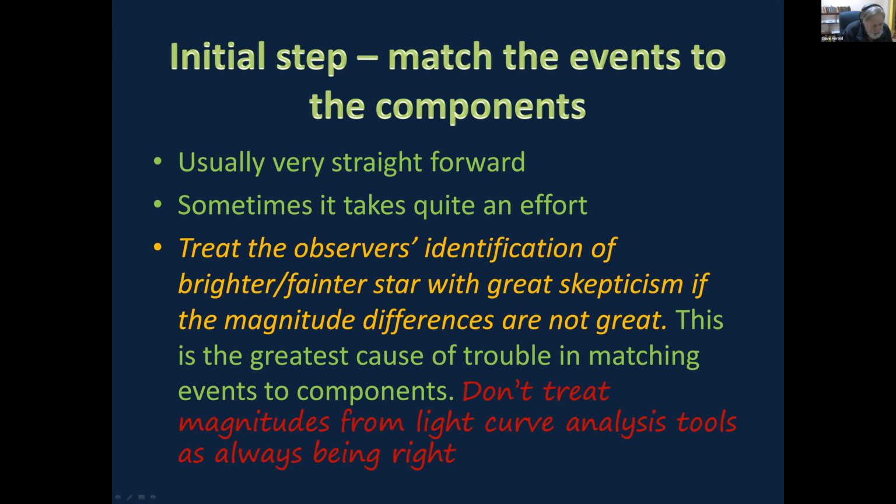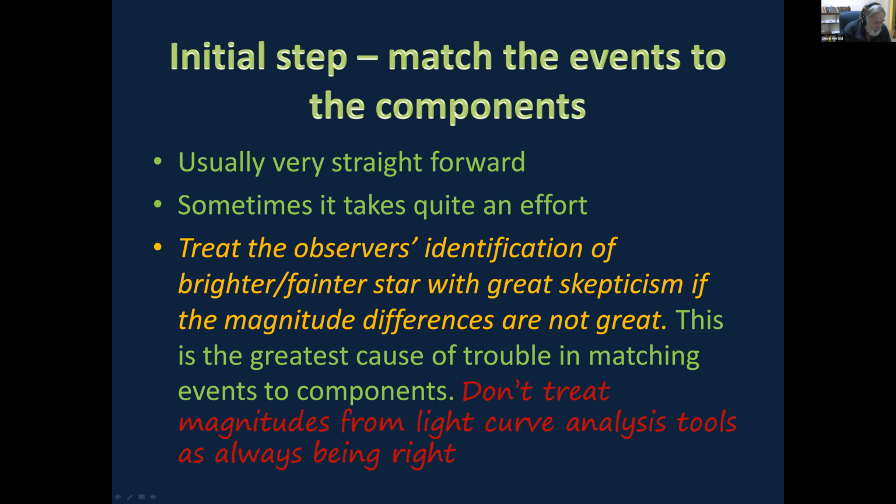One of the issues that comes up in this process is which is the brighter star and which is the fainter star. Now, for quite a few events, that's very obvious. One component is very bright, the other is very faint, and there's no real ambiguity.